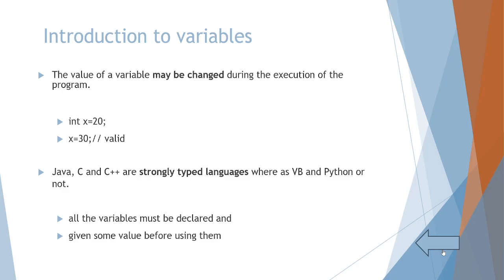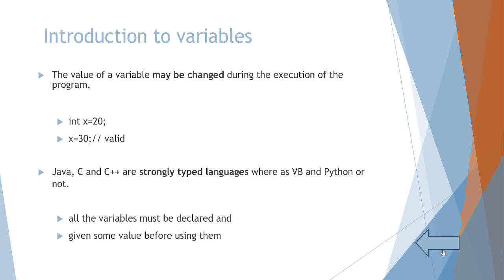Then strongly typed languages. Java, C, C++ are known as strongly typed languages. Why? Because all the variables must be declared. Declared means reserve space in the memory by giving a proper data type and name. And also give some value before using them. Then only it will allow us to use.